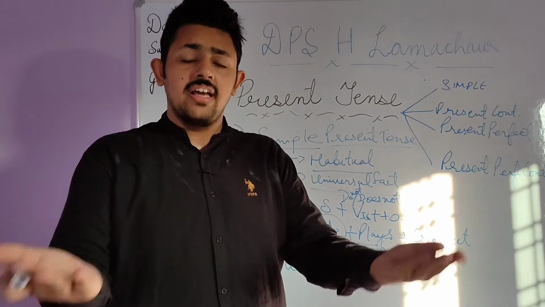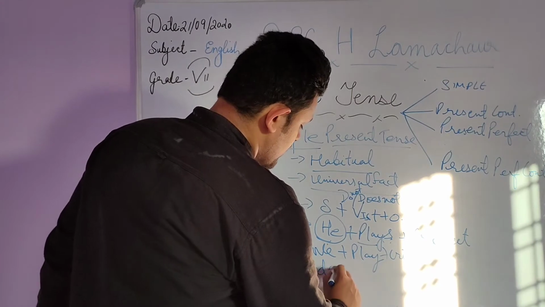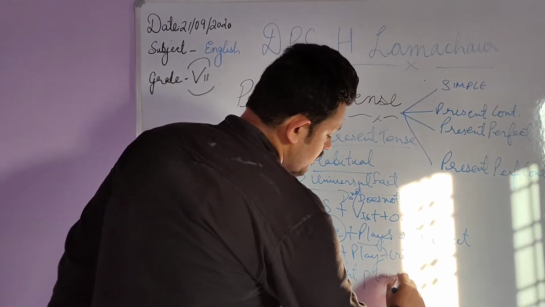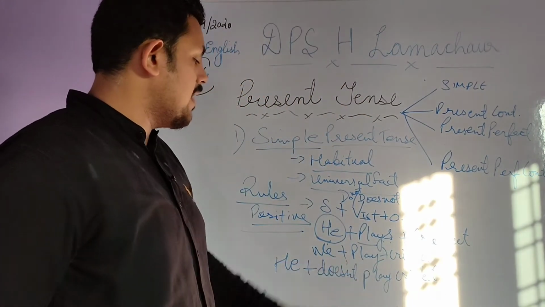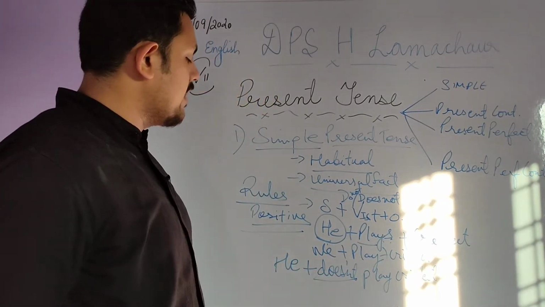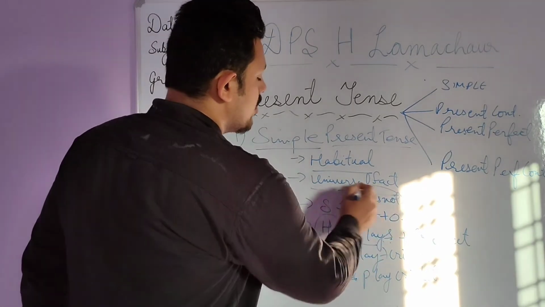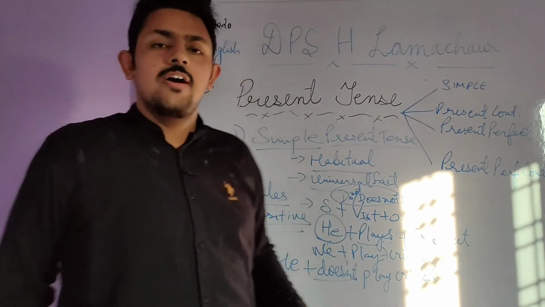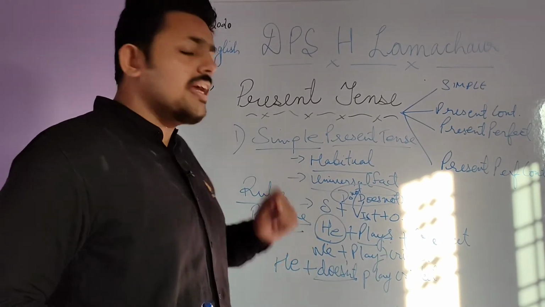You don't play cricket. He doesn't play cricket. So he plus doesn't play cricket. Got it? When we have the negative sentence, the structure will just have do or does not before the verb. So these are the first two rules for using simple present tense for the positive and the negative sentence.